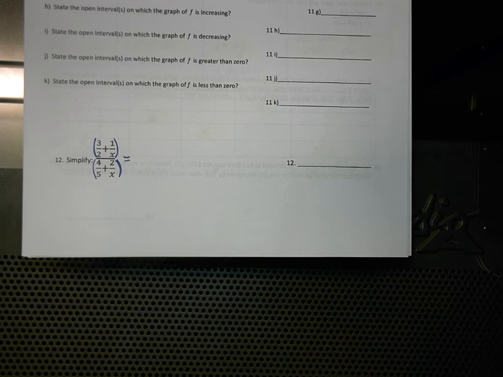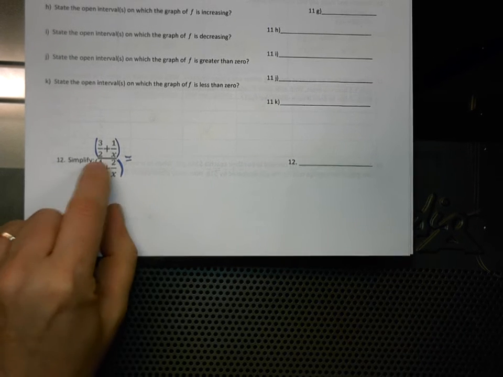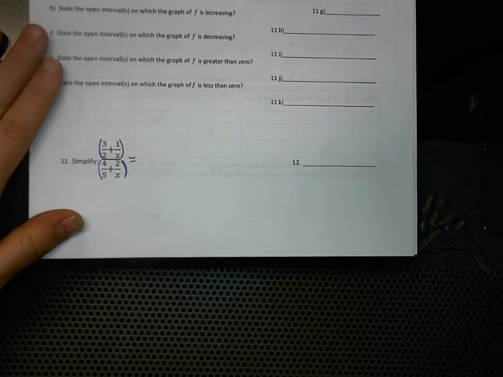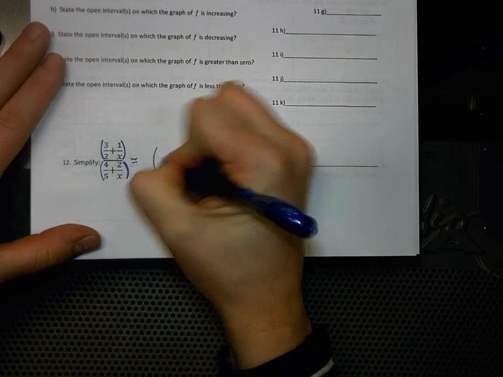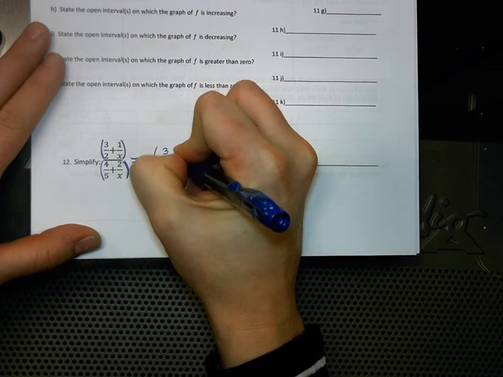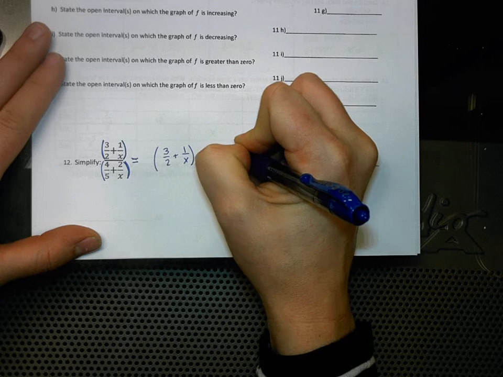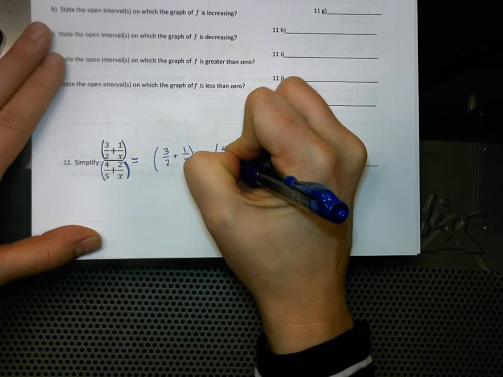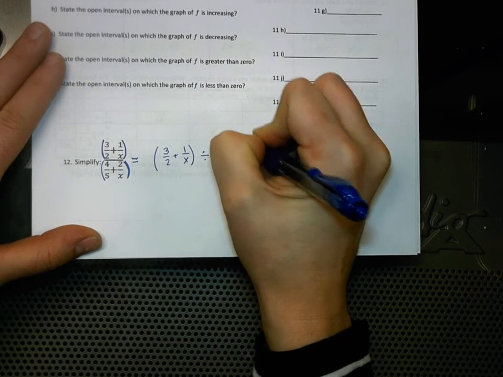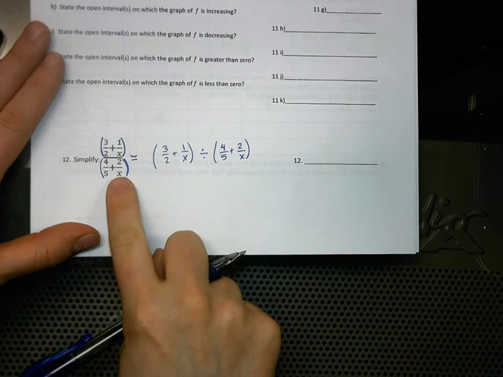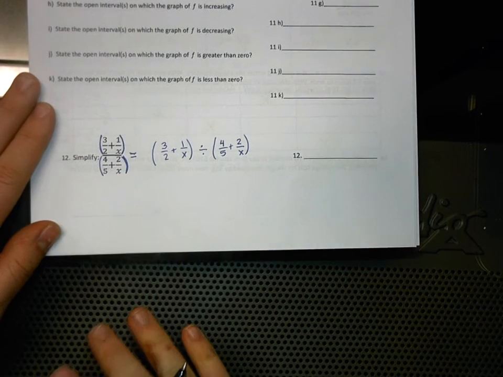What does this line in between them mean? Division. So I'm going to take my numerator and divide by my denominator. Now, if you just wanted to simplify your numerator and put it over your denominator first, that's completely fine. We're going to simplify our numerator right here.